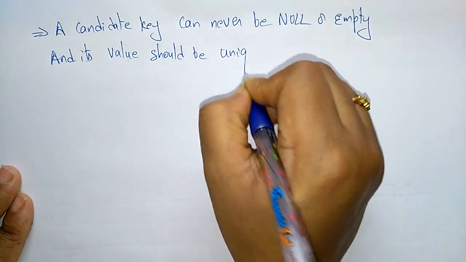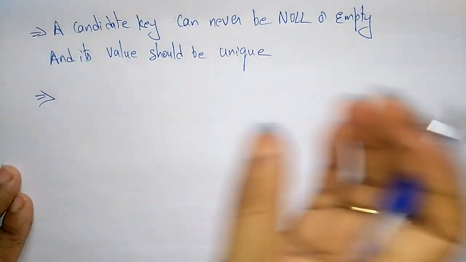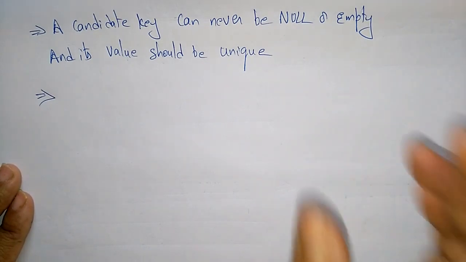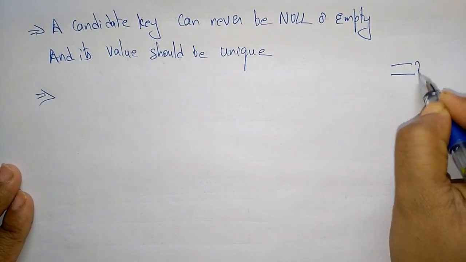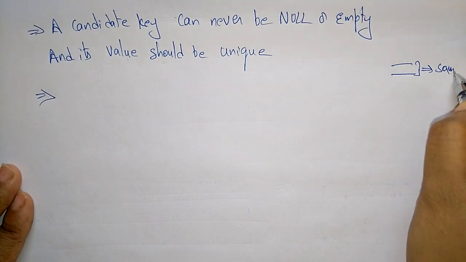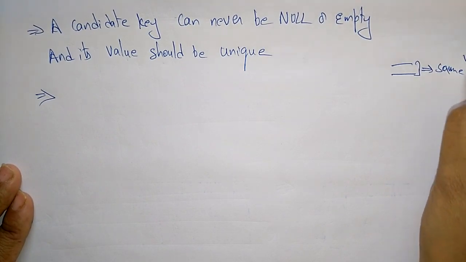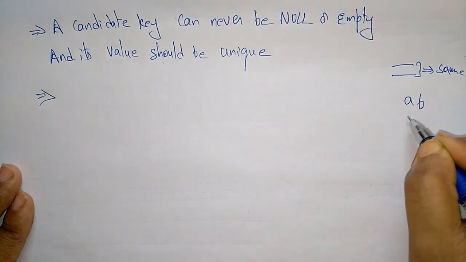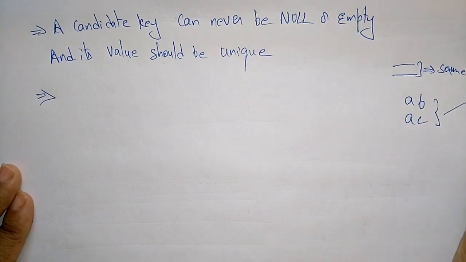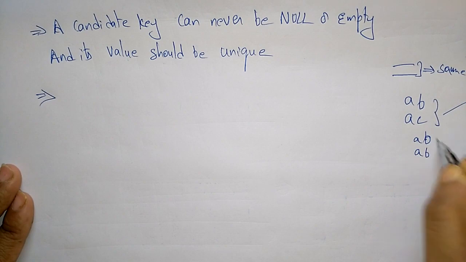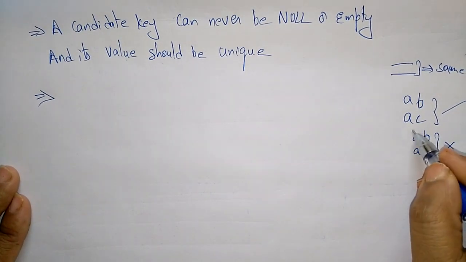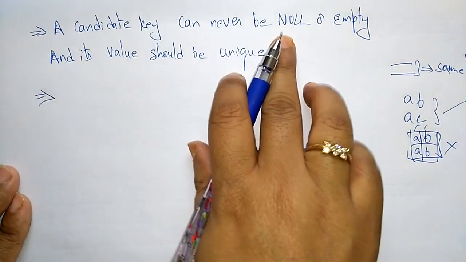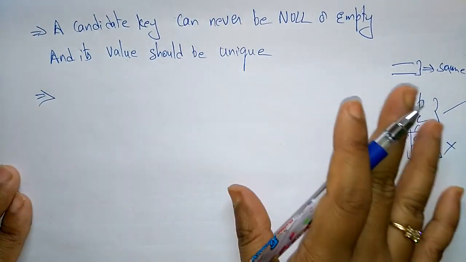If you are combining two attributes and selecting a particular record based on them, those two attributes should not have the same values in two rows. One attribute may be the same, means A, B and A, C is possible, but A, B twice is not possible. So a candidate key can never be null or empty, and its value should be unique.